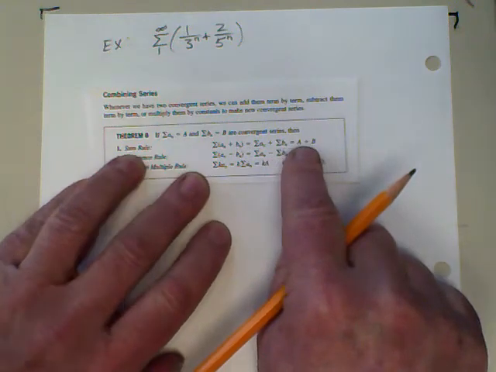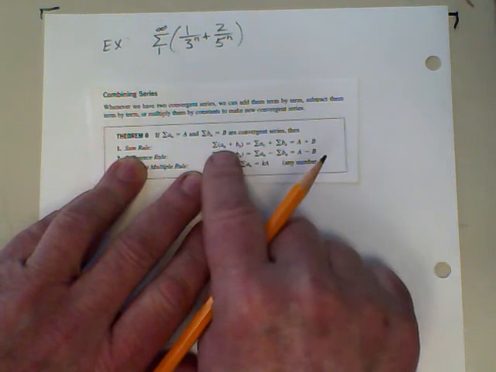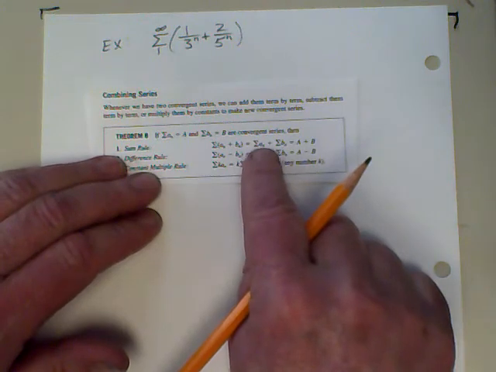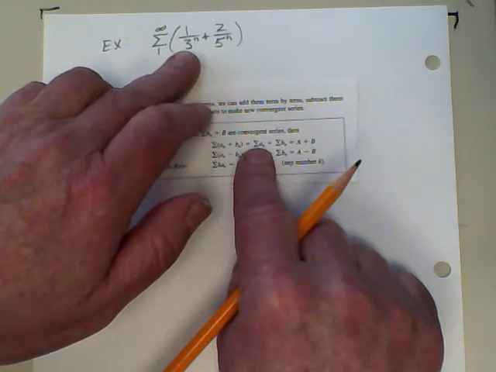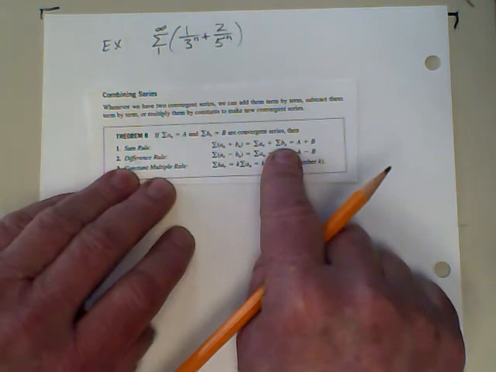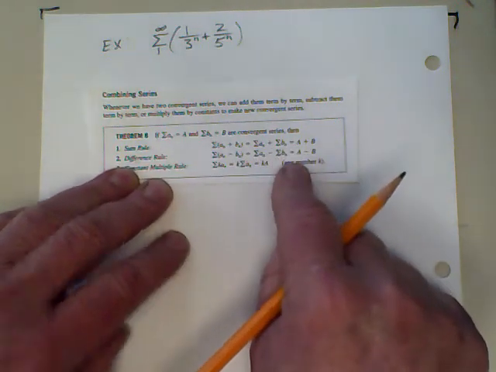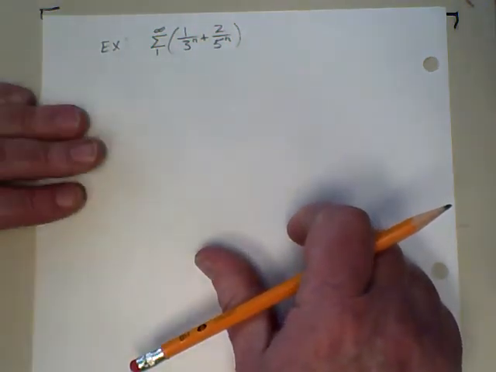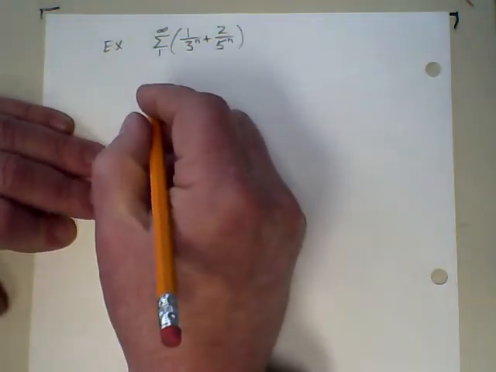I might be able to use part 1 of Theorem 8 if I can establish that when I separate those into two pieces, the a sub n part, the 1 over 3 to the n, converges, and the b sub n part, the 2 over 5 to the n, converges, then once I've established that, I could reach the conclusion that the sum converges. So basically we're going to split this apart and use that theorem backwards a little bit to see what happens. Okay?